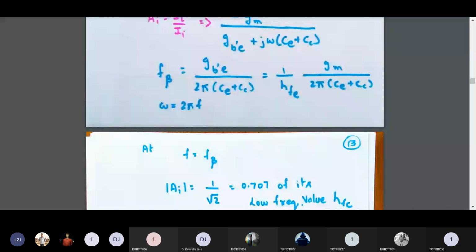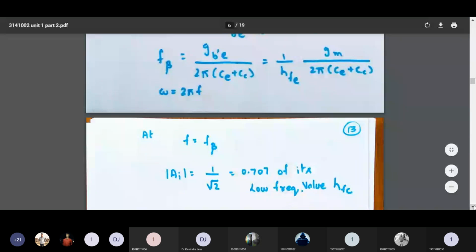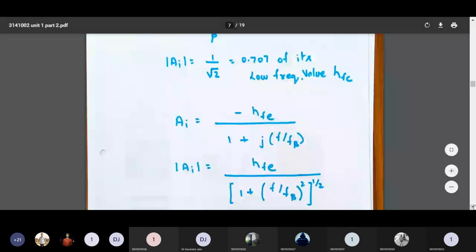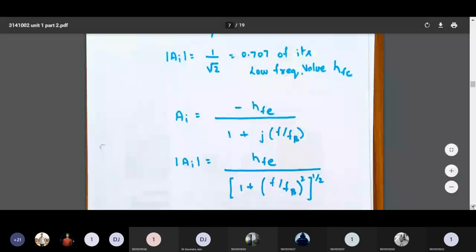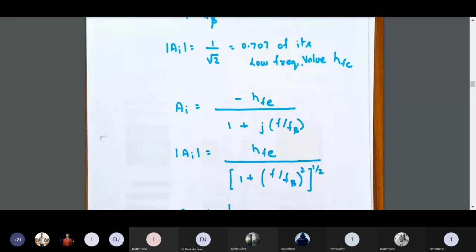Hence, AI can be termed finally in this particular format. So this equation clearly represents that the current gain is inversely proportional to frequency.